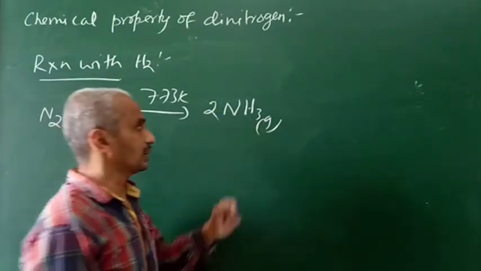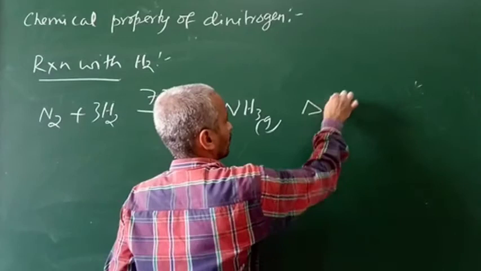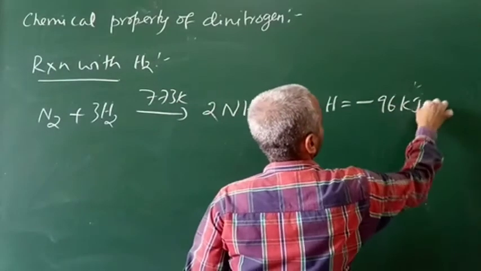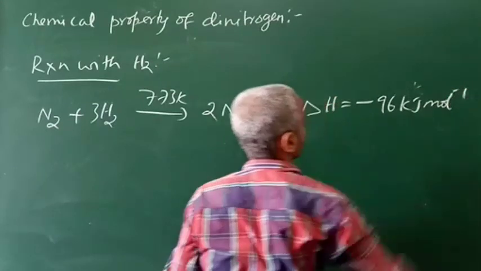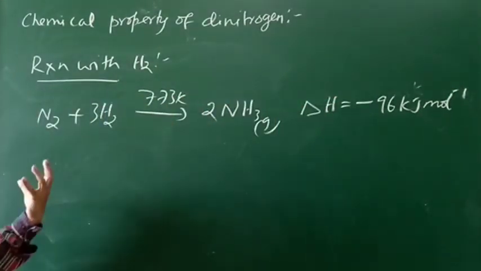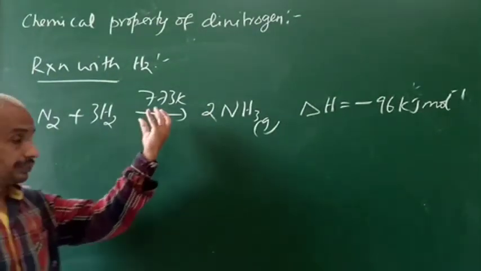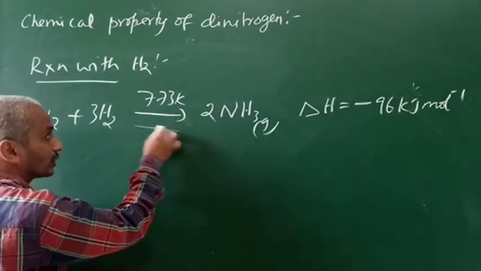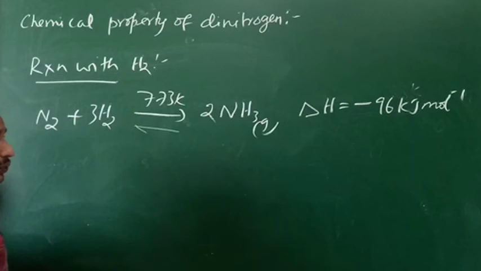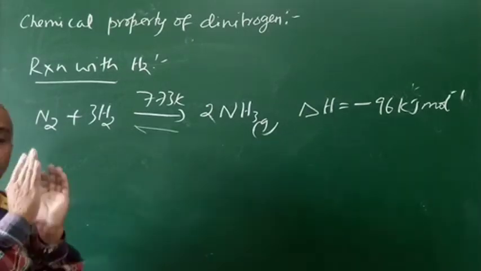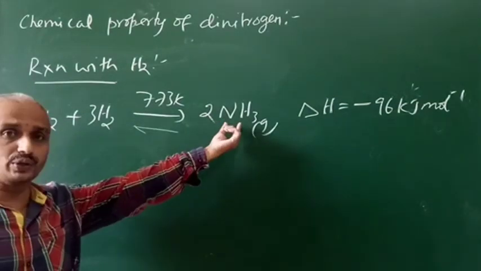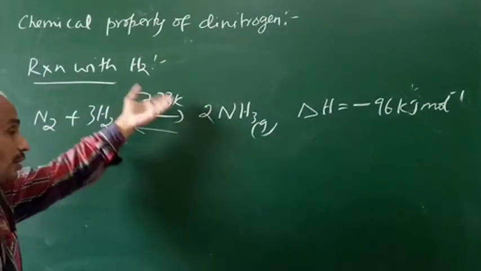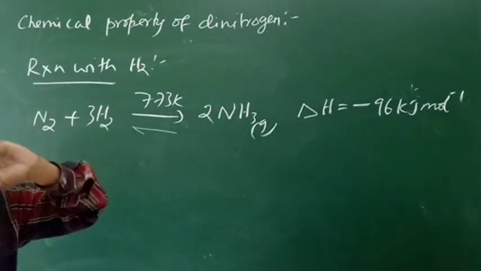Remember, this reaction is exothermic in nature. And remember, this reaction is reversible in nature also. So, if at all I want to get ammonia as the major product, then I have to alter the conditions according to Le Chatelier's principle.